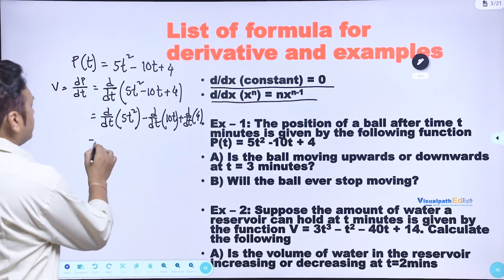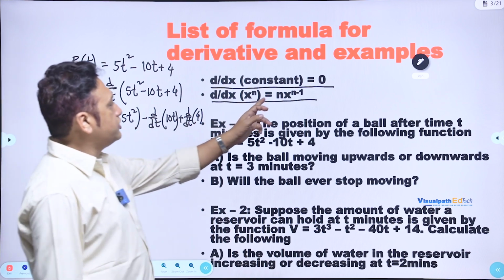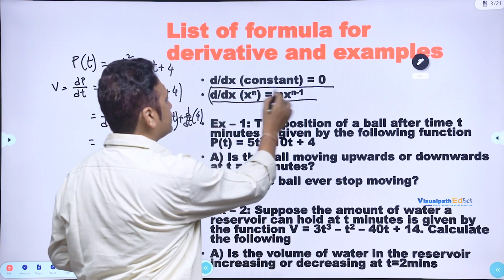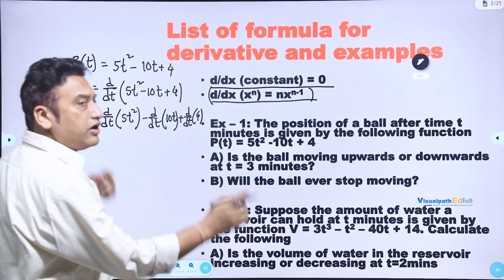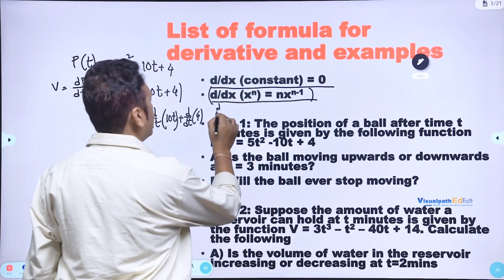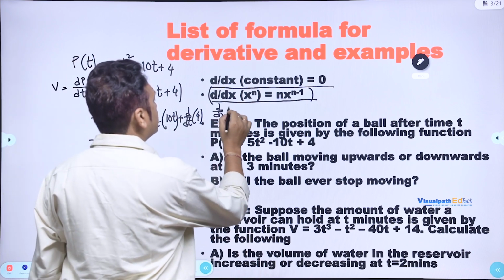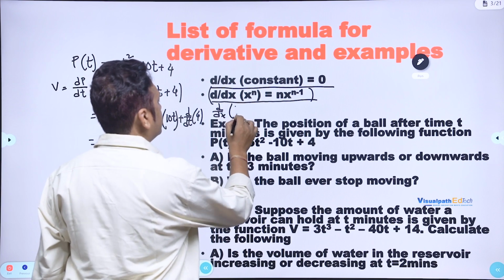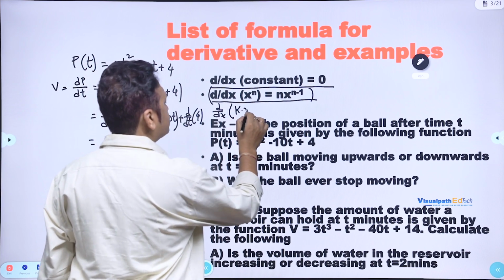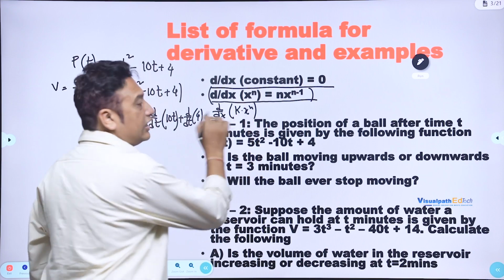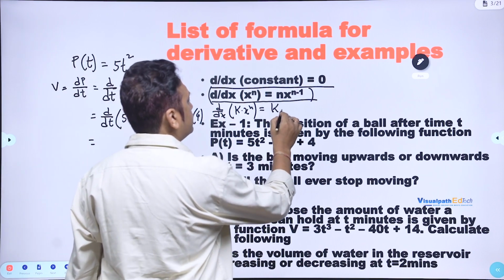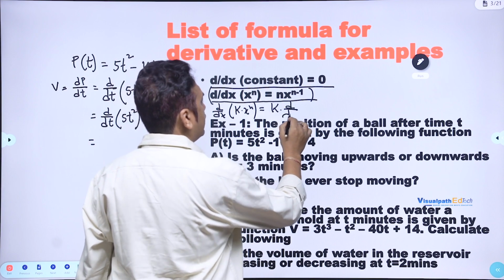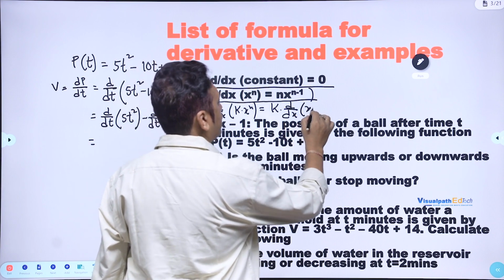So d/dt of 5t². Now we are going to apply this formula d/dx of x to the power n. In this case, there's one more formula. In case if we have d/dx of k into x to the power n, where k is a constant, then we write k into d/dx of x to the power n.